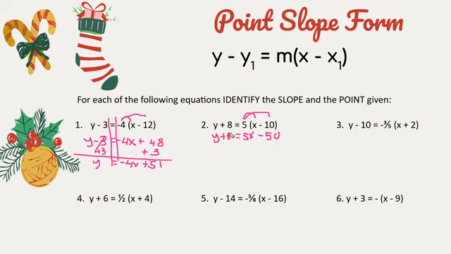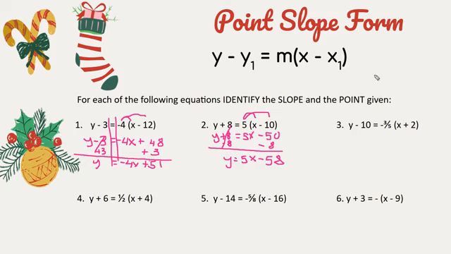Then to get the y by itself, I'm going to subtract 8 from both sides. And then we're going to have y equals 5x minus 58. I'm going to do the top 3, and then you guys are going to do the rest.